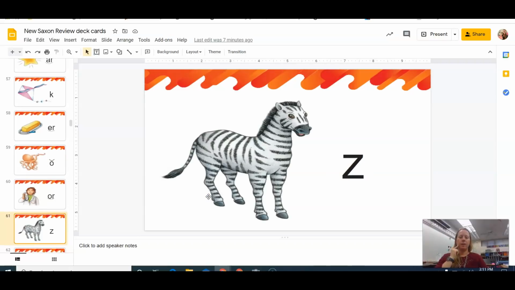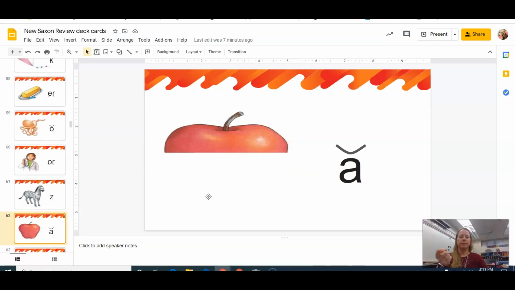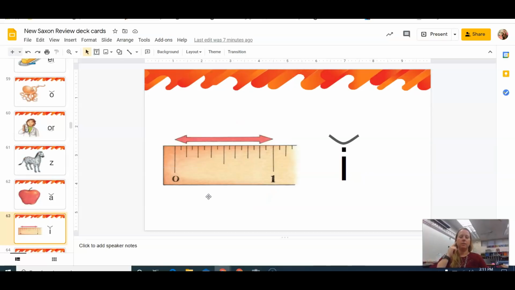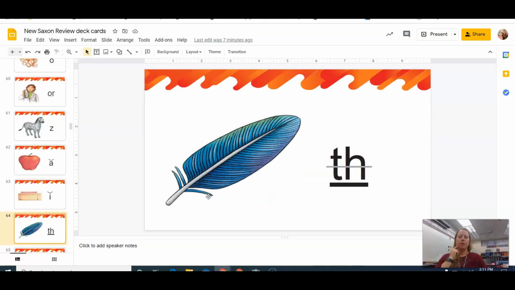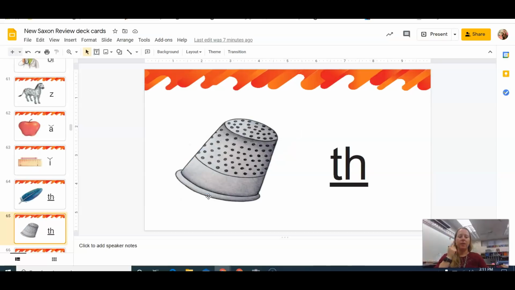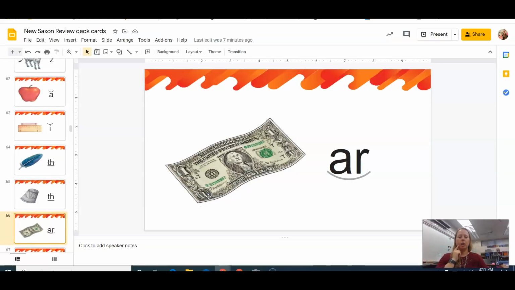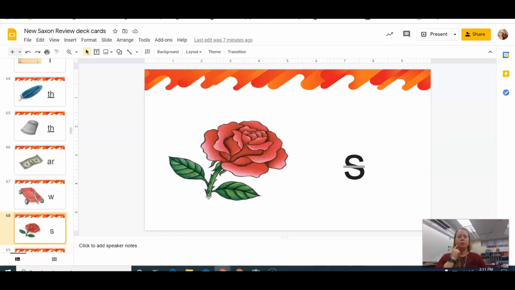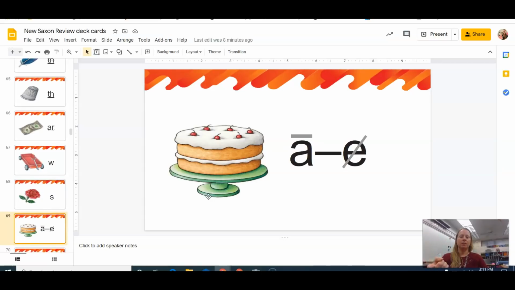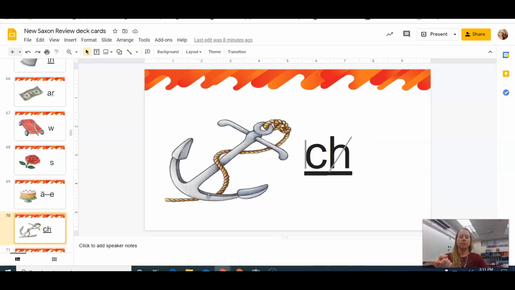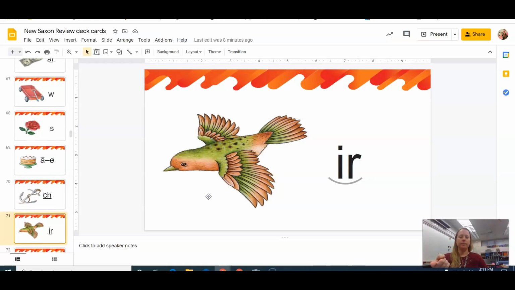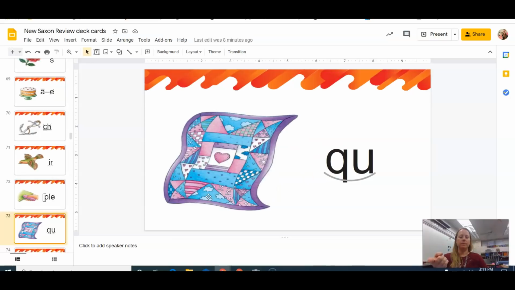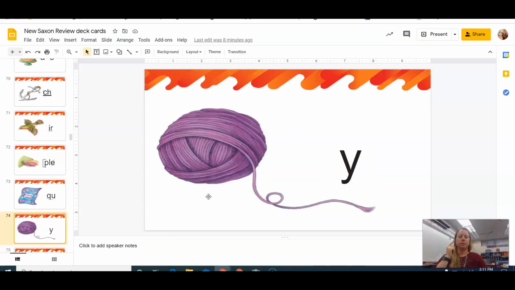Doctor. Zebra, z. Apple, a. Inch, i. Feather, v. Thimble, th. Dollar. Wagon, w. Rose, z. Cake, a. Anchor, k. Bird. Staple, pull. Quilt, qu. Yarn, y.